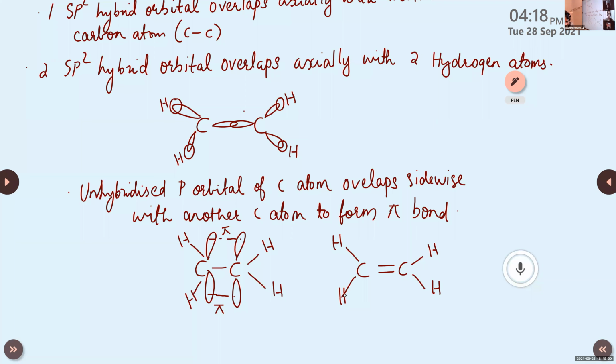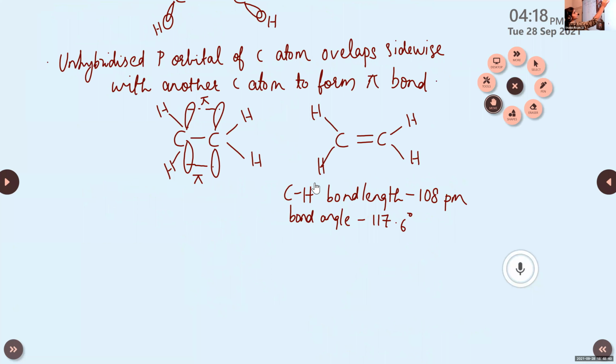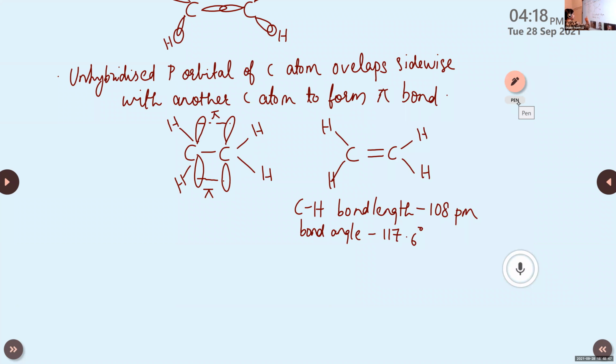So here, the CH bond length is 108 picometer and their bond angle is 117.6 degree. Then the HCC bond angle is 121 degree.